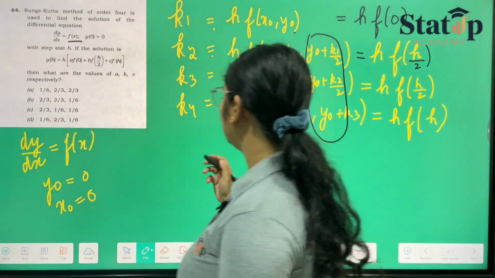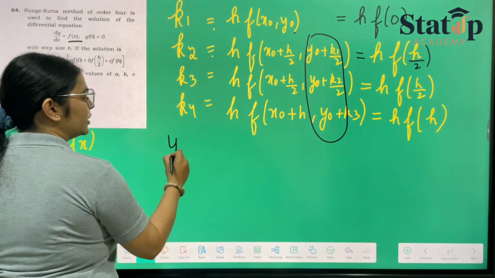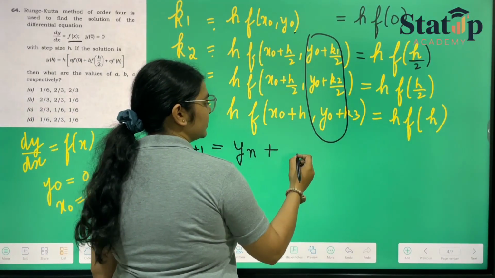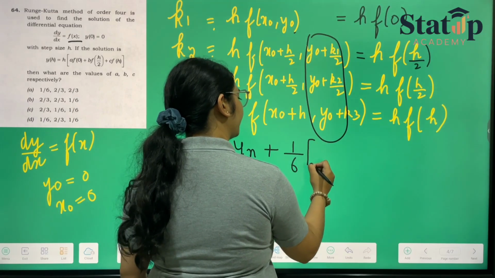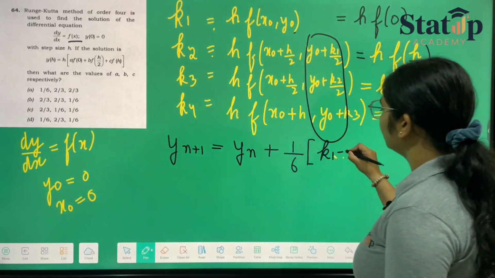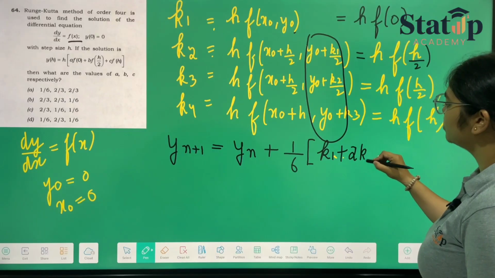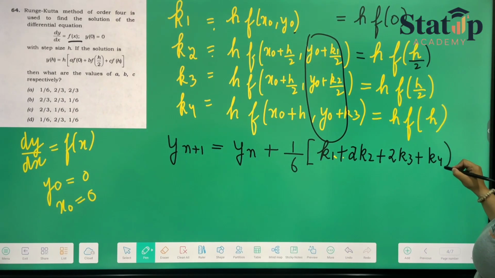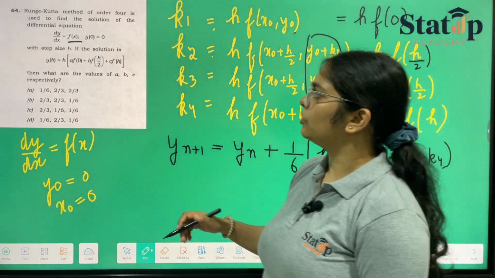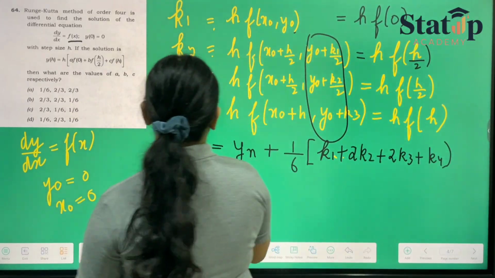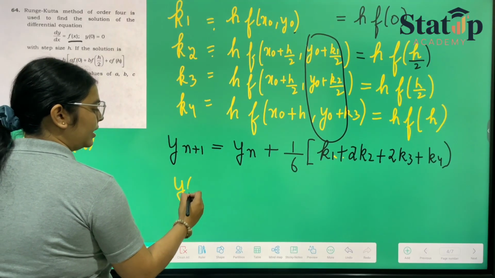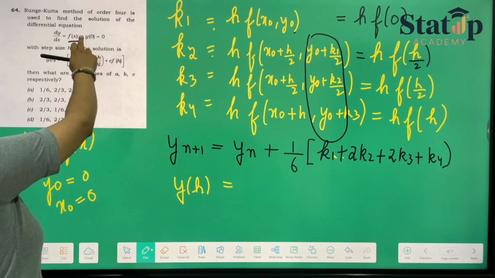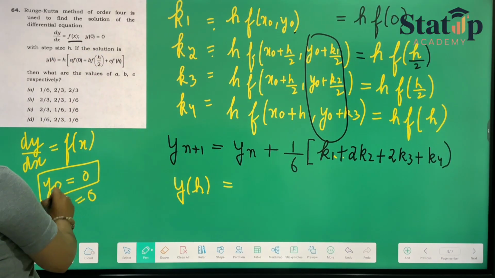Okay. Now the final formula that we have for the Runge-Kutta method is y(n+1) equals yn plus 1 upon 6 (k1 plus 2k2 plus 2k3 plus k4). This is the final formula. Now we have to calculate the value of y(h). So instead of n plus 1, it will be y(h), and yn will be 0 because the initial value y0 is nothing but 0.